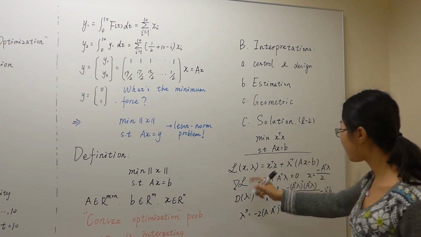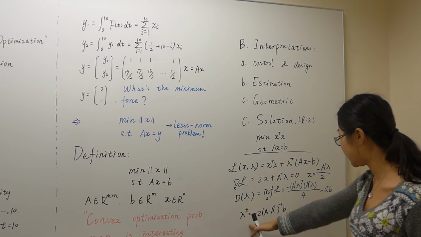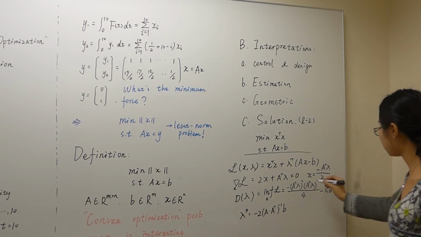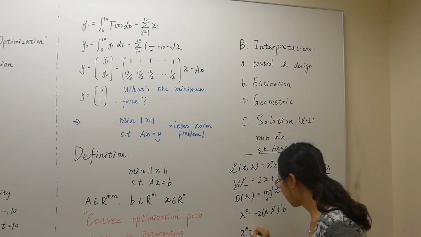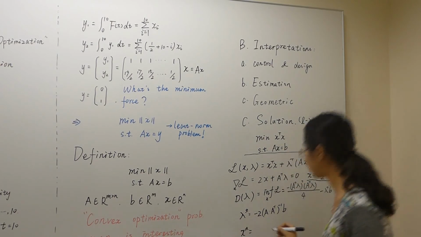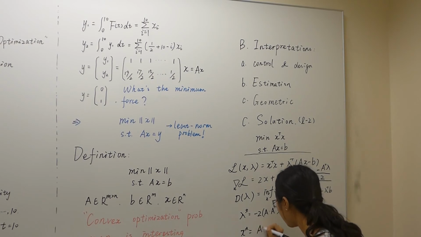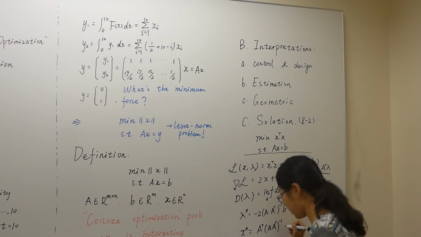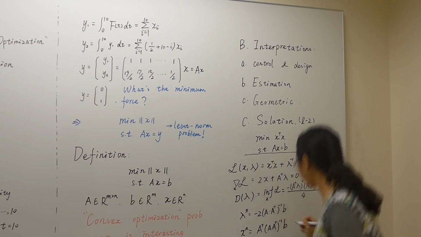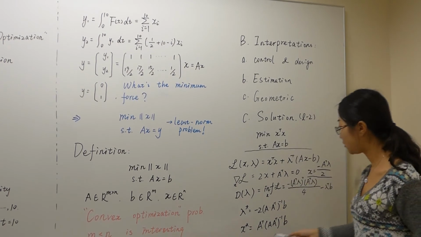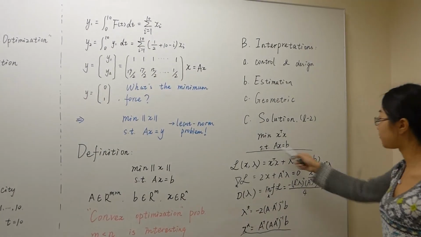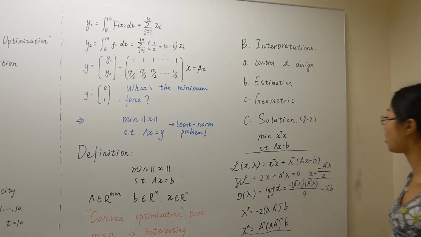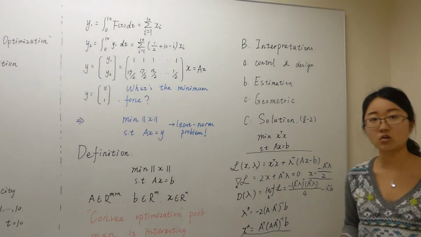Finally, if we substitute lambda star into x here, then we can get the minimizer of this problem, which is equal to A transpose (A A transpose) inverse b. So x star is the minimizer of this norm problem. Okay, so that's how.